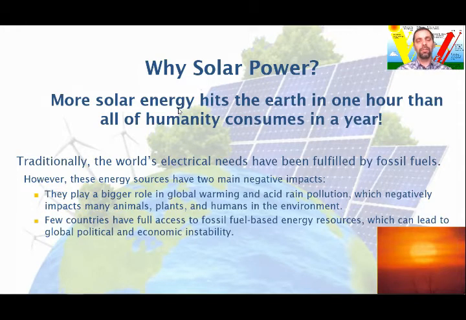Few countries have full access to fossil fuel-based energy resources, which can lead to global political and economical instability.